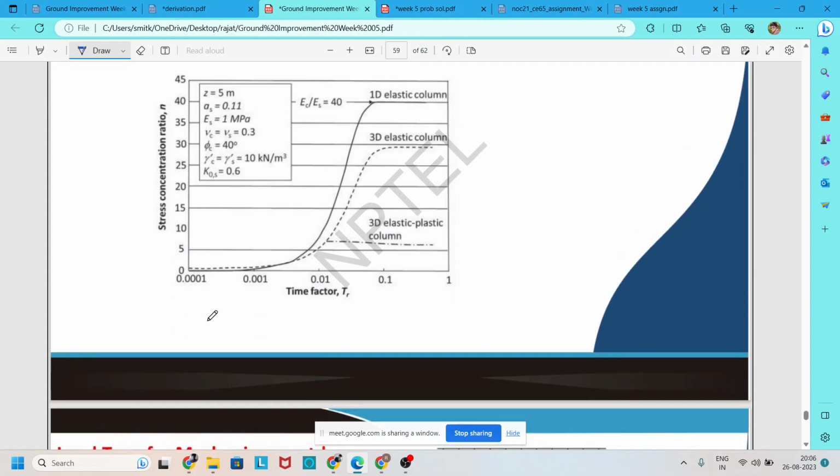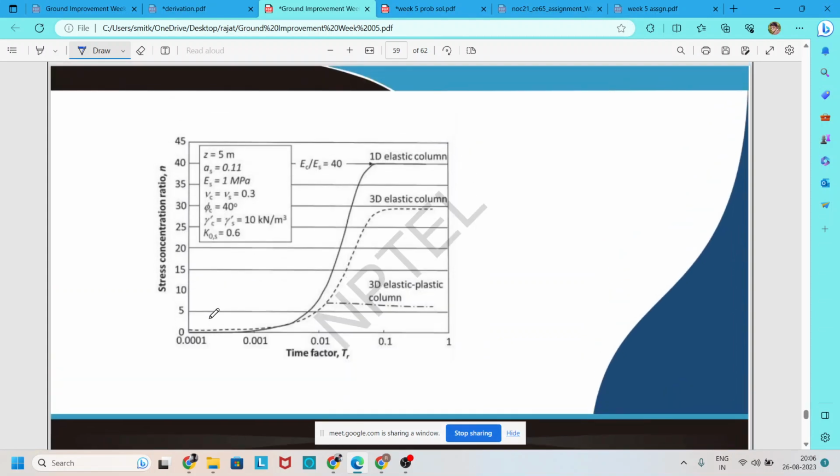In the next slide, there is one chart given for different types of analysis. Our analysis is 1D elastic, so we follow only this chart. But some researchers also consider the lateral deformation. For that there is some reduction happening, and this is called the 3D elastic column.